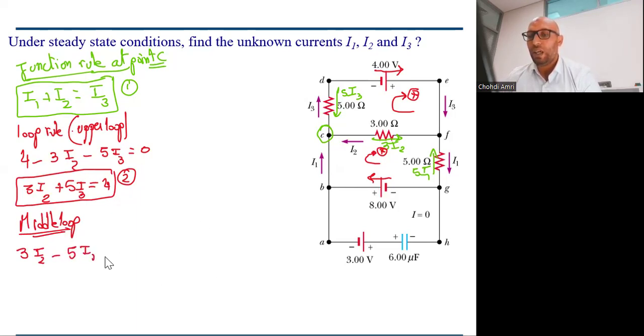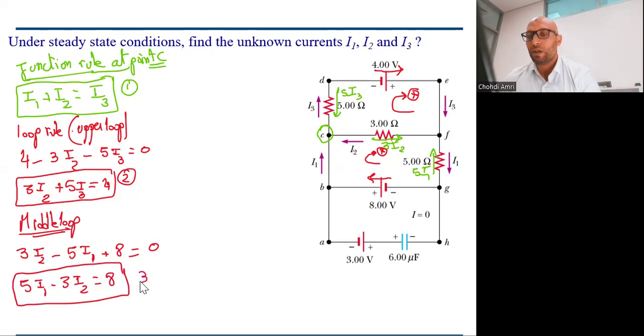Let's continue, +8 volt, and we don't have anything else, and we close the loop to be 0. So here also we cannot simplify, and we can say that 5I1 - 3I2 equals 8 volt. So this is our third equation.